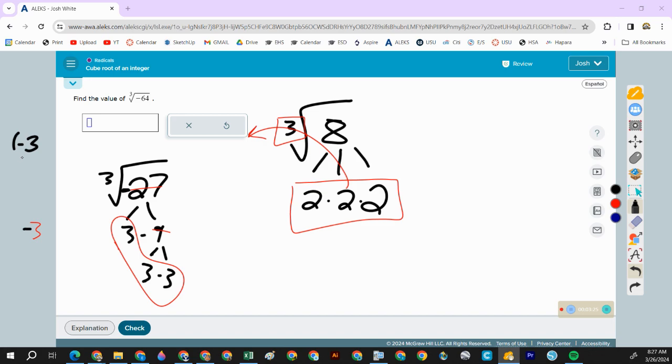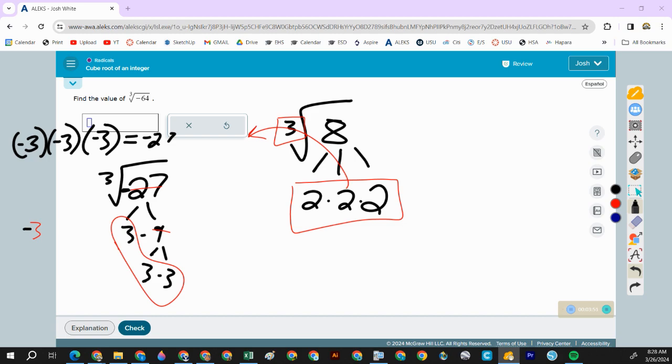So negative 3 times negative 3 is 9, times negative 3 is negative 27. So if you have a negative on the inside of a third root, then it comes out with whatever else you bring out. Okay? So square roots of negatives are not real numbers, but third roots of negatives are real numbers.